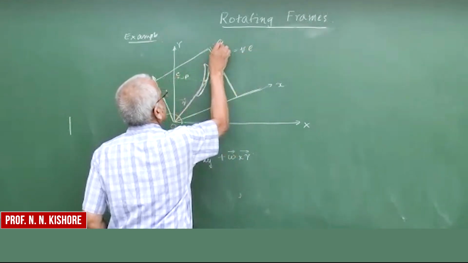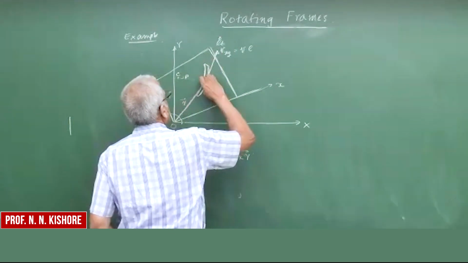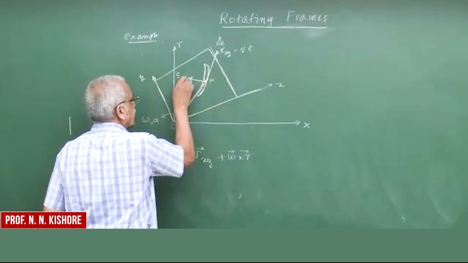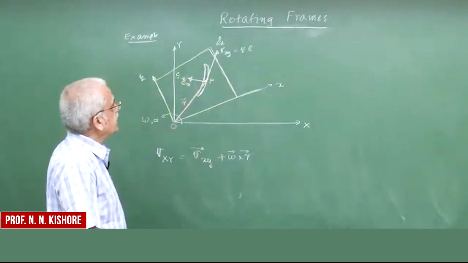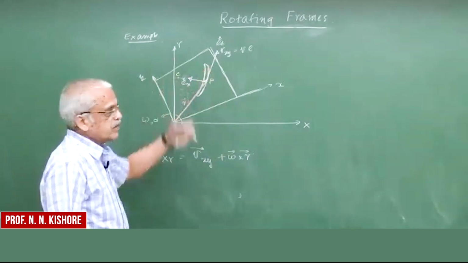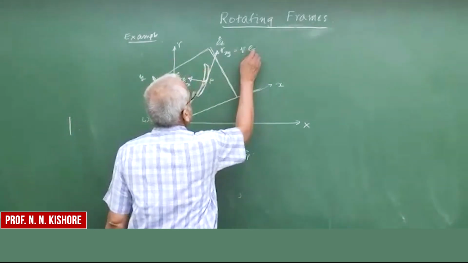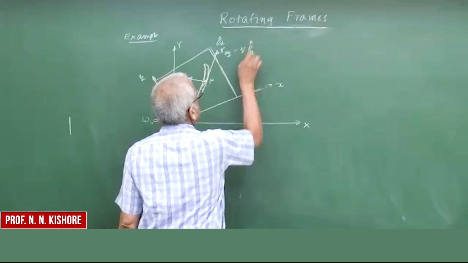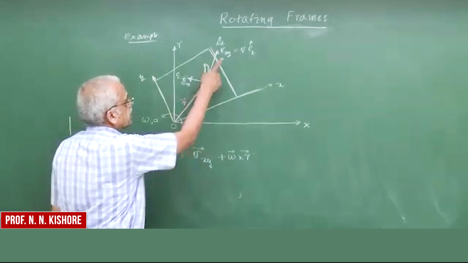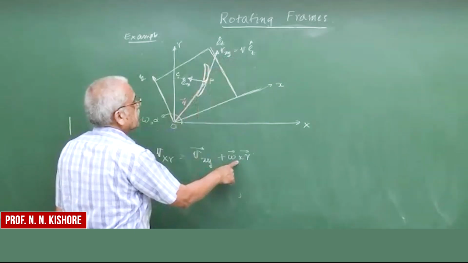So this is Et and this is En. Et is the tangential and N is the normal. So that means this is along Et. So that is the velocity. And what about this one?